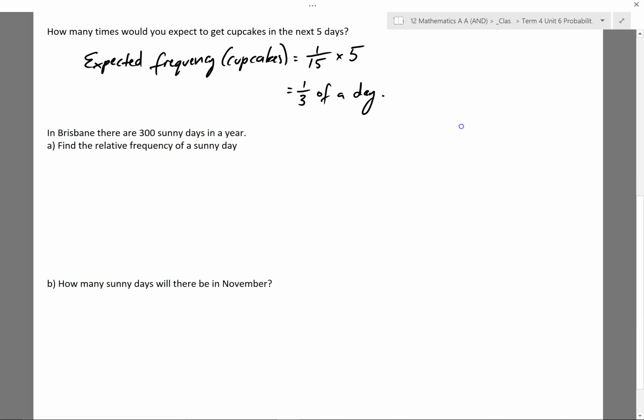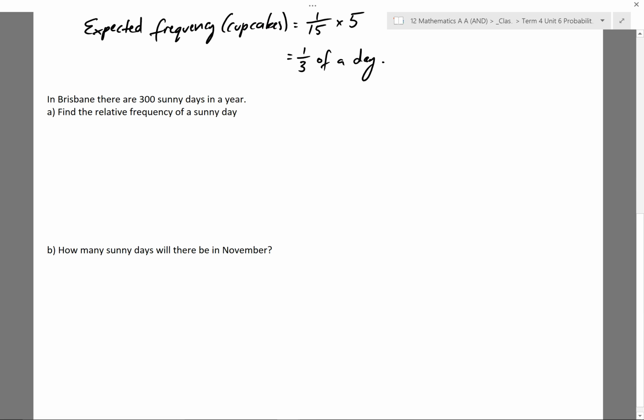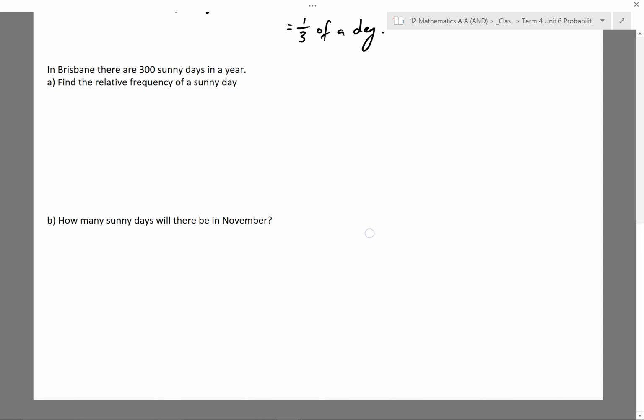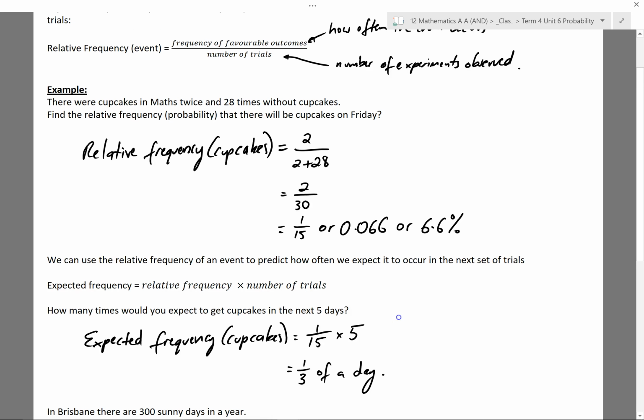Okay, so another example, in Brisbane there's 300 sunny days in the year. Find the relative frequency of a sunny day. This time I'll be a good boy and write the formula.